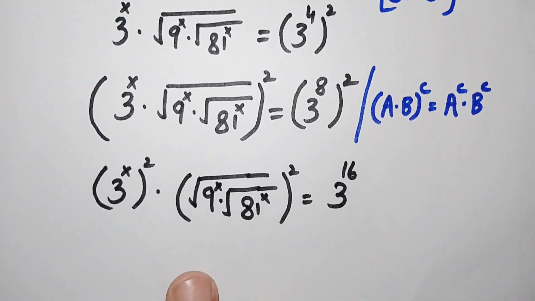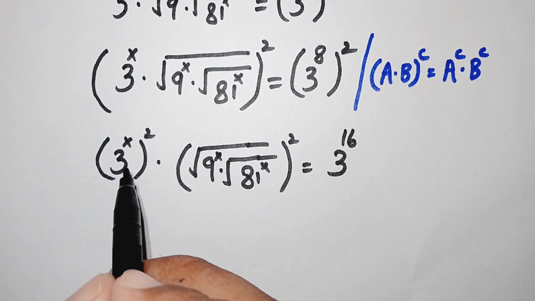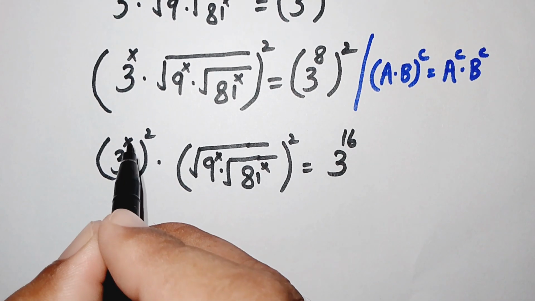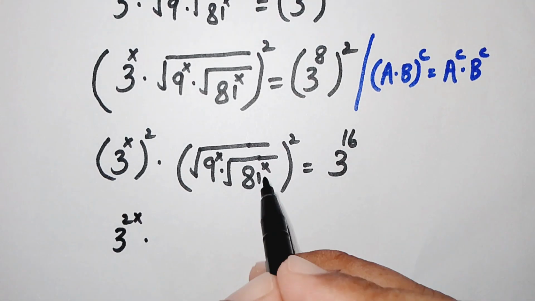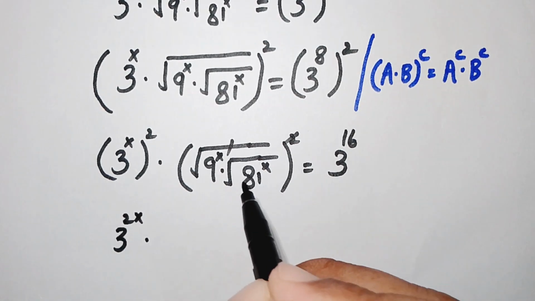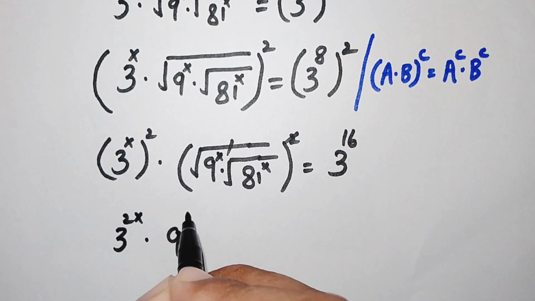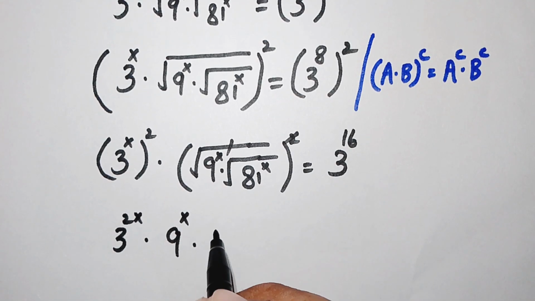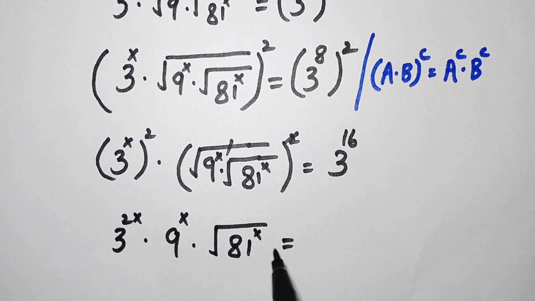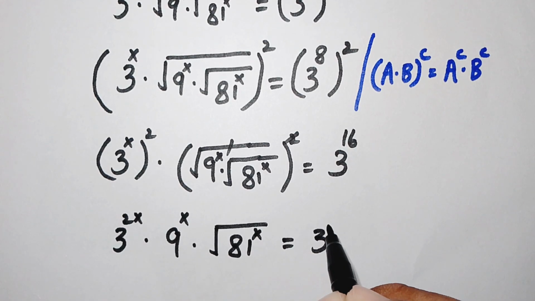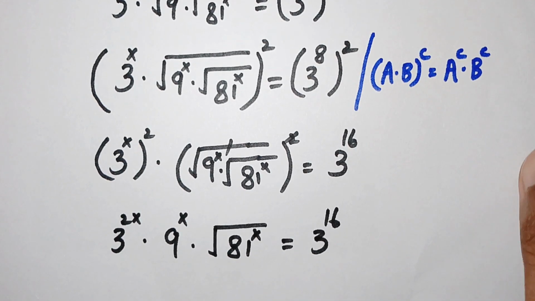Now to solve this interesting math question, 3 to the power of 2 times x is equal to 3 to the power of 2x times, here this square root cancels with this 2, so 9 to the power of x is left times 81 to the power of x, which is equal to 3 to the power of 16.